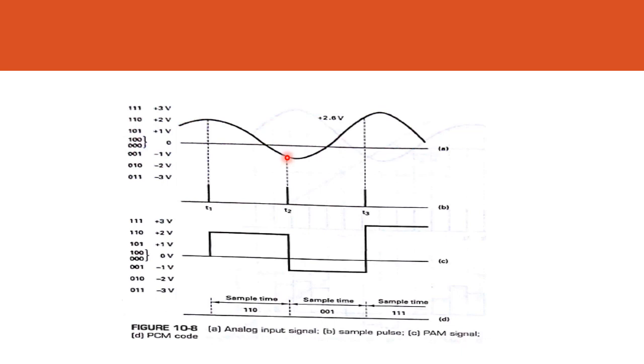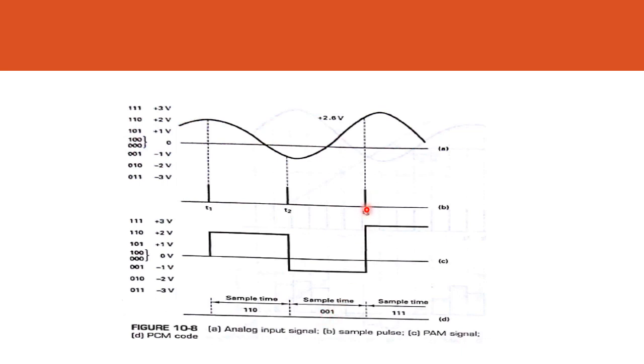At that time your analog amplitude can be rounded off to the nearest quantization level, that is -1, which is represented as 001. So in between T2 and T3, your output waveform will be rounded off to the nearest voltage level, that is -1, that is 001. That is why in between T2 and T3, your output is equal to 001.